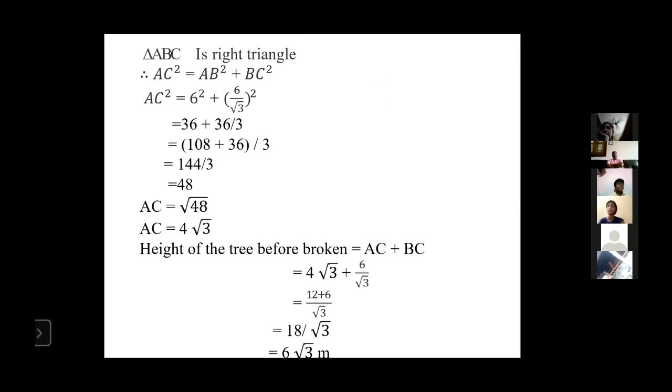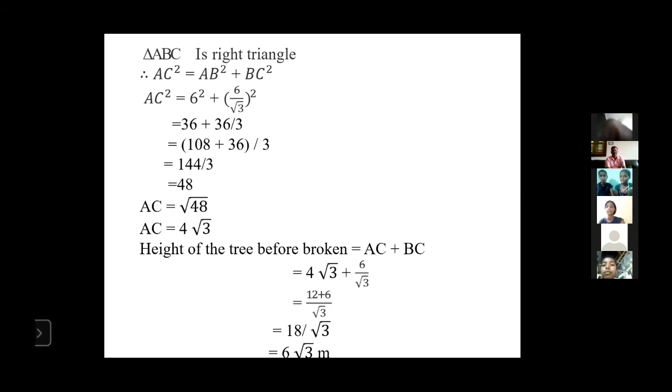Now again we need to do LCM. 4 root 3 into root 3 is 4. Root 3 into root 3 how much? 3. 4 into 3 is 12. 12 plus 6 by root 3. It is 18 by root 3.